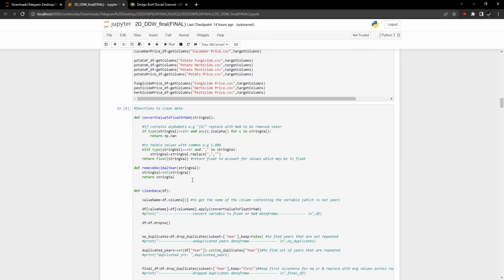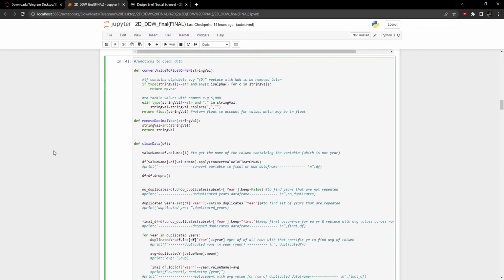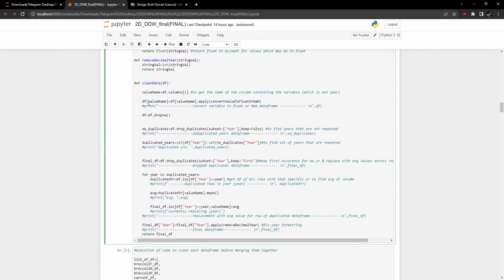And then with this function we return an integer value for years because the years apparently are in .0 format. And then to clean the data, we remove duplicated years, and then use this for loop. We took an average of all the data with the same year, and then returned just one.